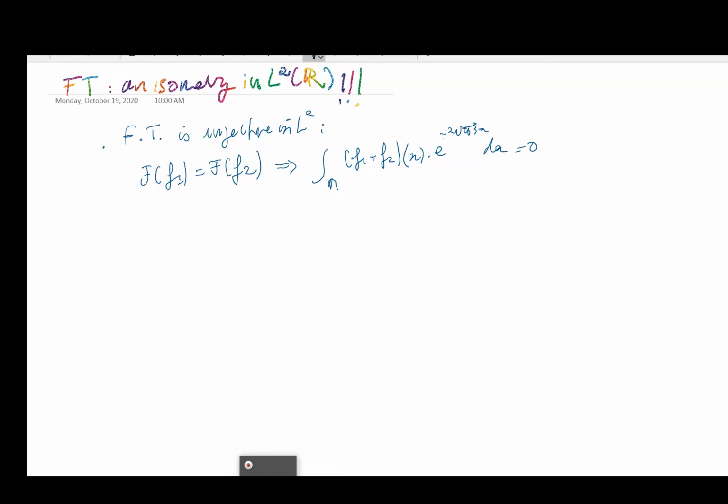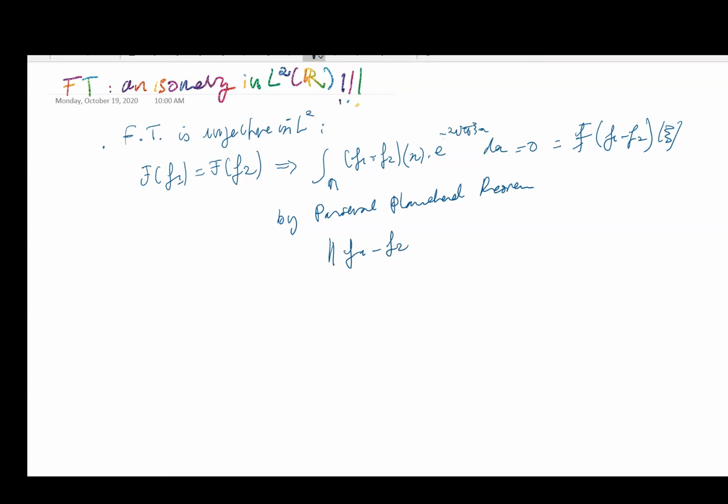But then if you use the Parseval-Plancherel theorem, what do we get? We get that the Fourier transform of f1 minus f2 is actually equal to the zero function. And by the Parseval-Plancherel theorem, I know that the norm of f1 minus f2 in L2 is equal to the norm of the corresponding Fourier transforms.